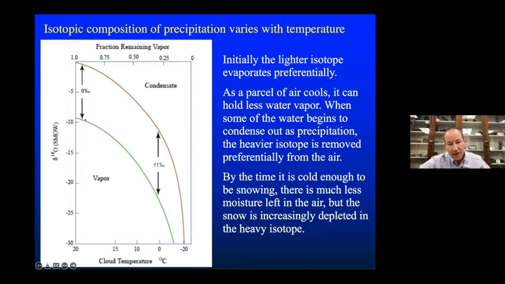And then that drives the parcel of air toward even lower and lower delta O18. So as that cloud cools, the water vapor remaining in it becomes more and more negative, and the precipitation follows it, so that by the time it snows on Earth, it's quite isotopically negative.